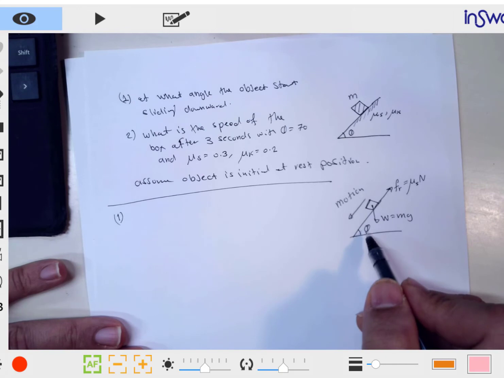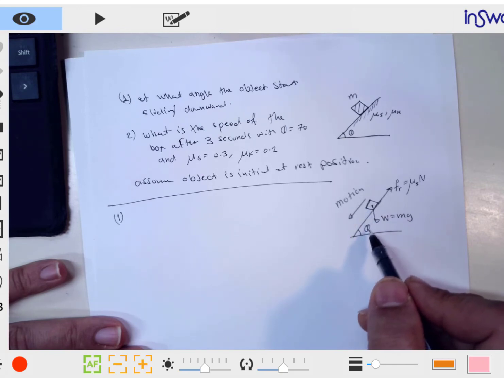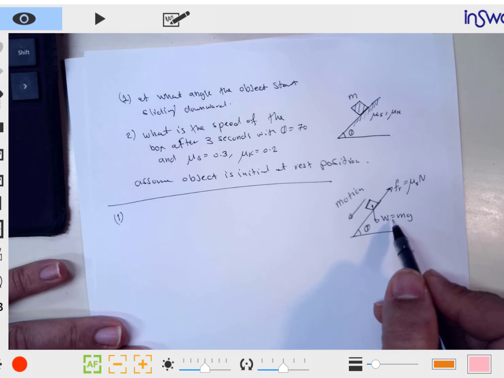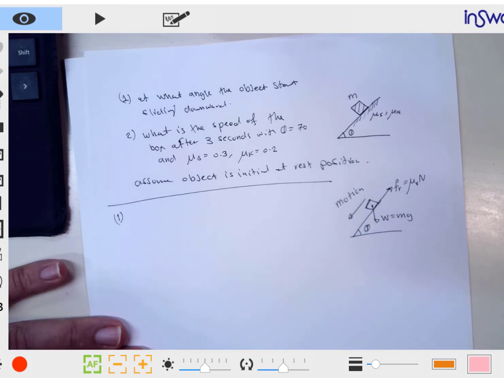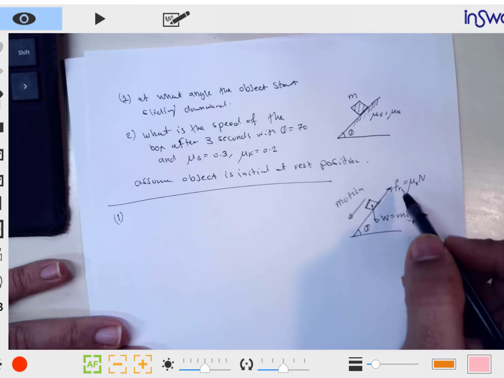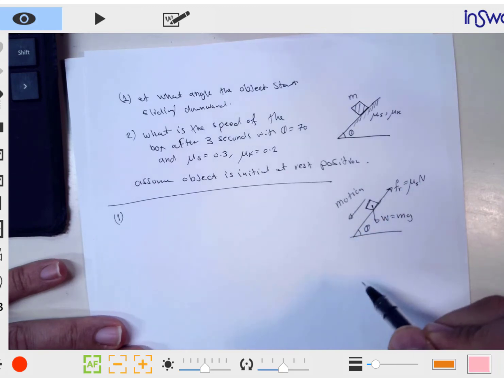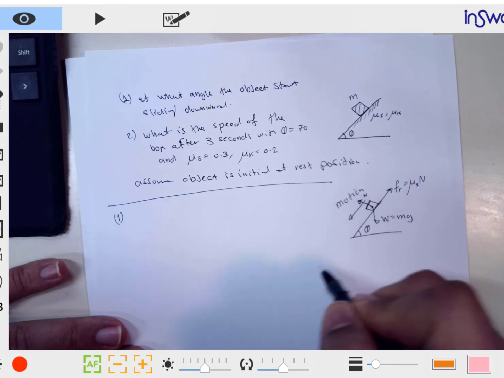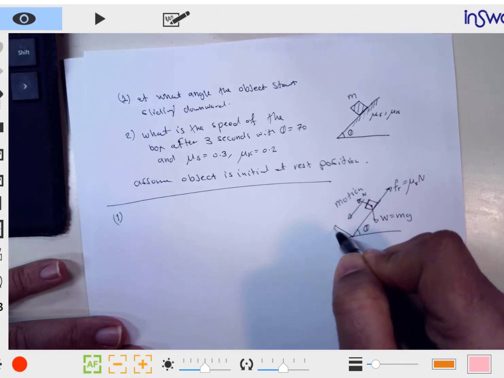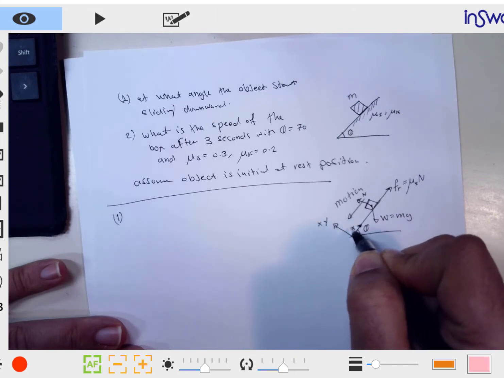So when theta is 0, we know this is not moving, and as theta is increasing, the component of the weight in this direction will increase, and as a result of that, it will overcome the friction component and make this slide. We have also the reaction force N. Okay, and my Cartesian coordinate system, this is y positive and this is going to be my x positive.